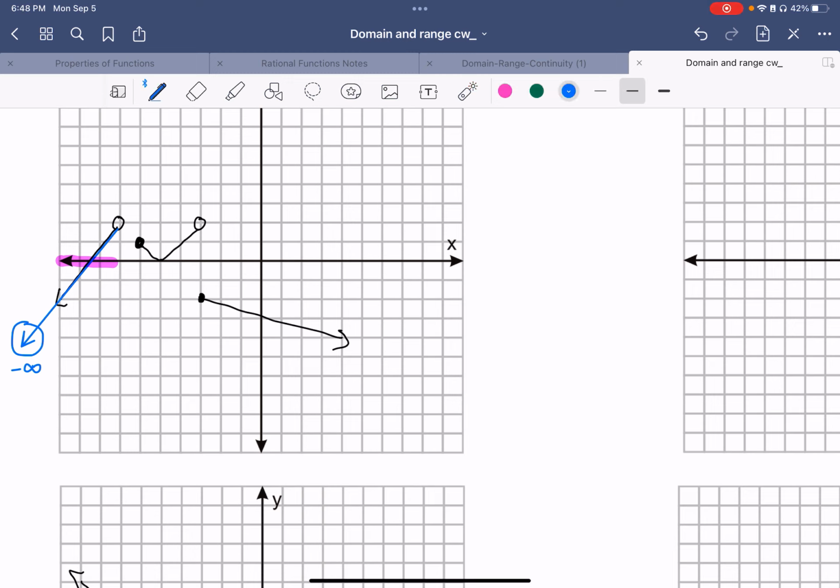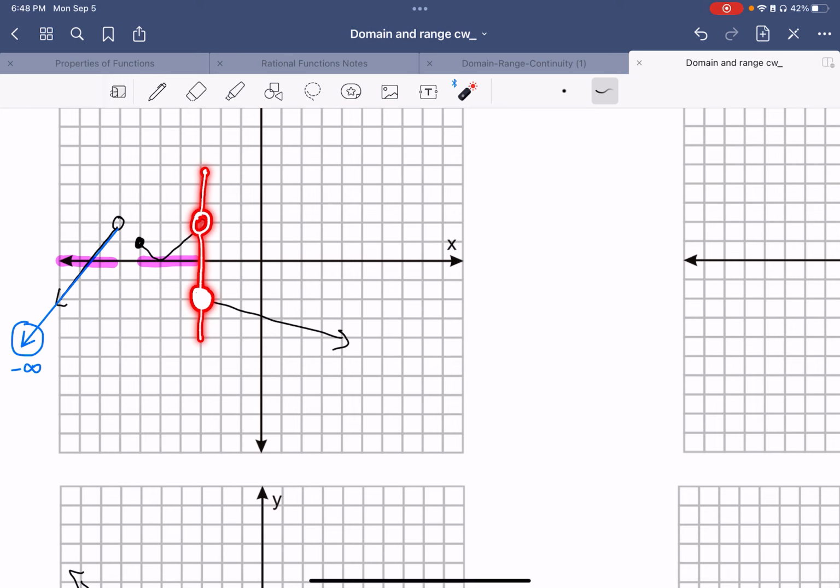And then I don't have anything again until I get to that closed point right here. Okay. So when I get to that closed point, I'm going to keep going. So notice I have points here, here, here, here, here. Okay, and then right here, when x equals -3, there is something else going on. There is an open circle, but then also a closed circle.